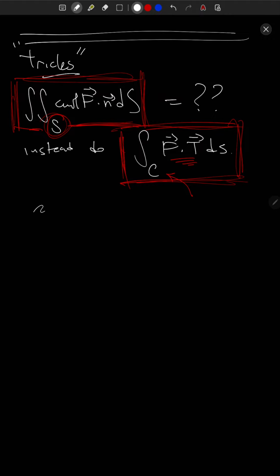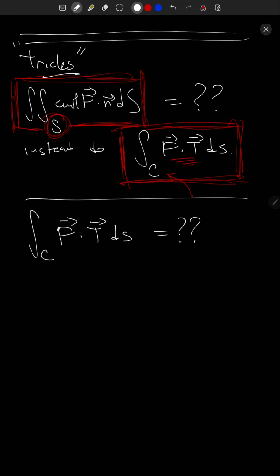A less obvious one is the opposite direction. So you want the line integral over C, where C equals a closed curve. If you encounter this situation and maybe the integral is too hard, let me draw a picture.